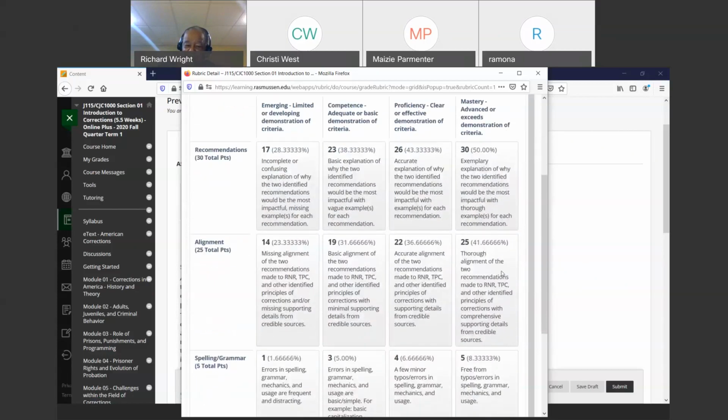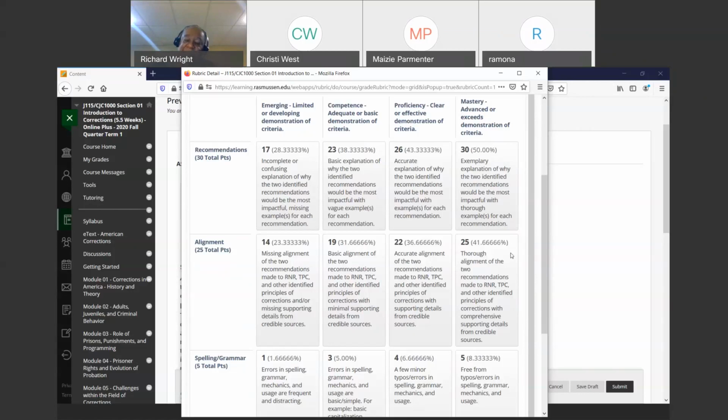Remember the alignment: thorough alignment of the two recommendations made to R&R, TPC, and other principles of correction with comprehensive supporting details from credible sources.